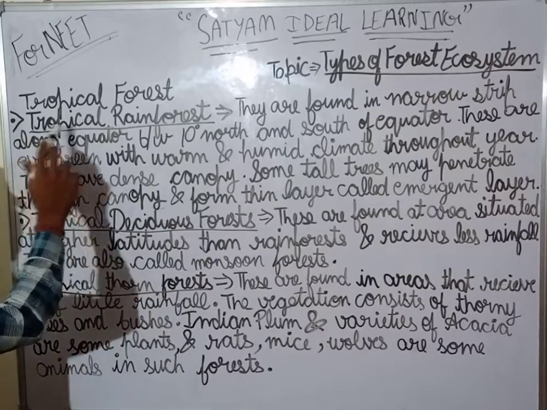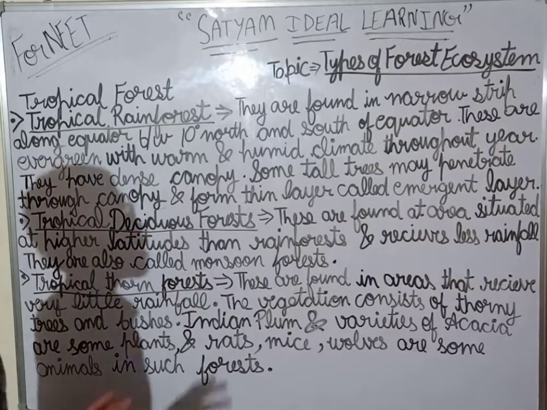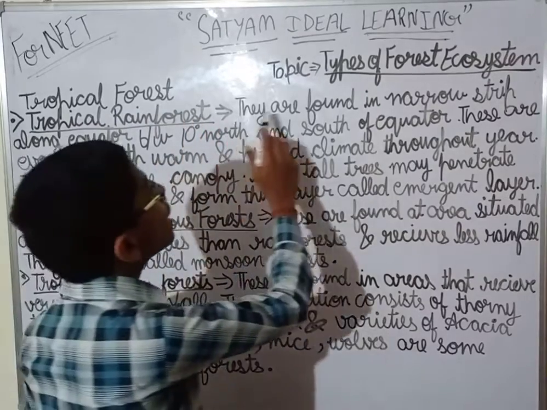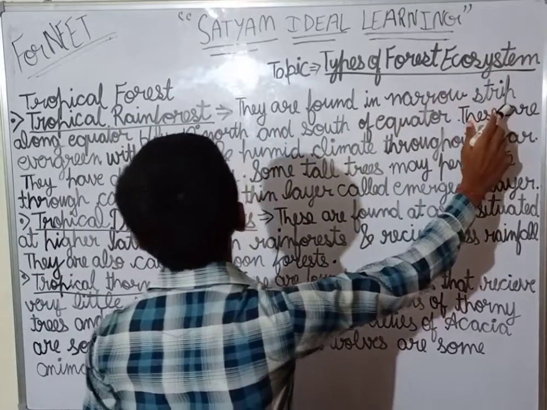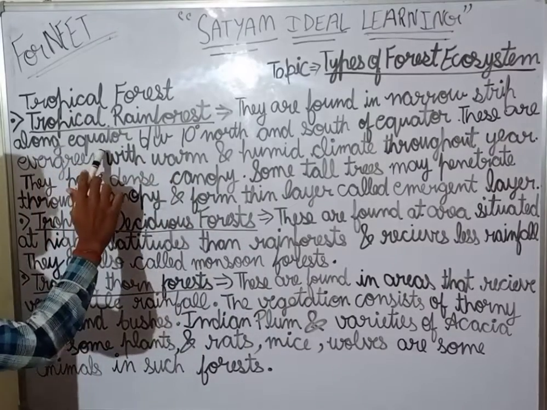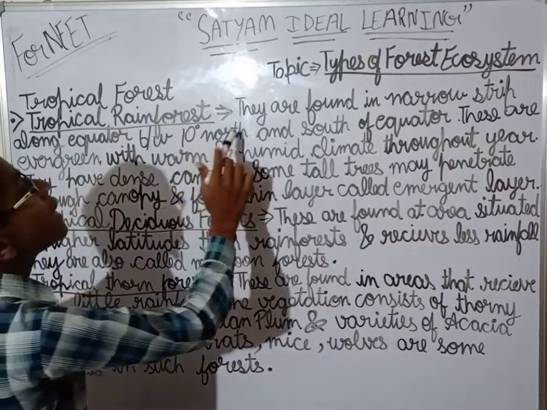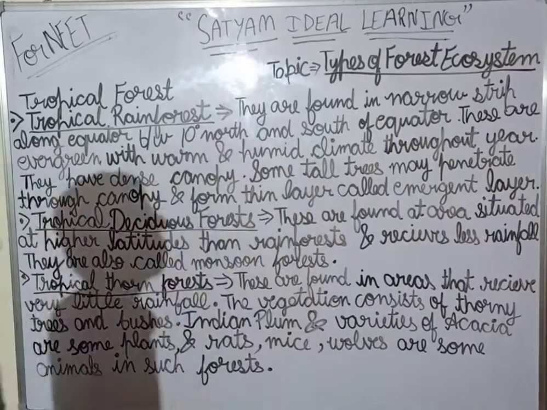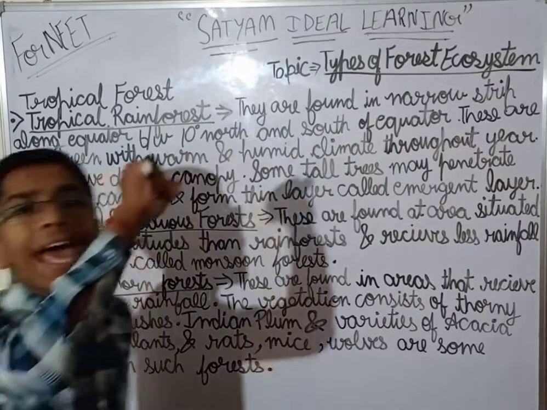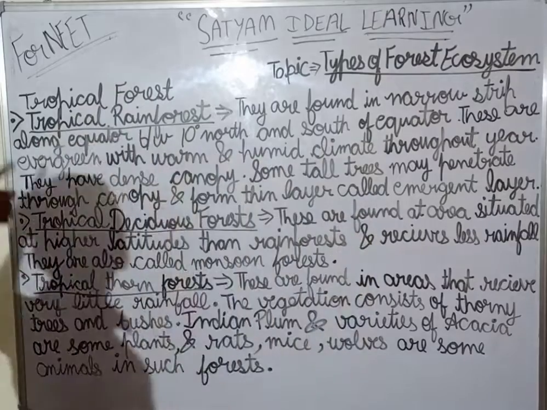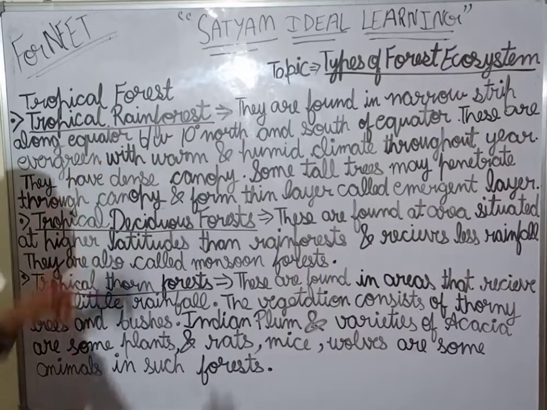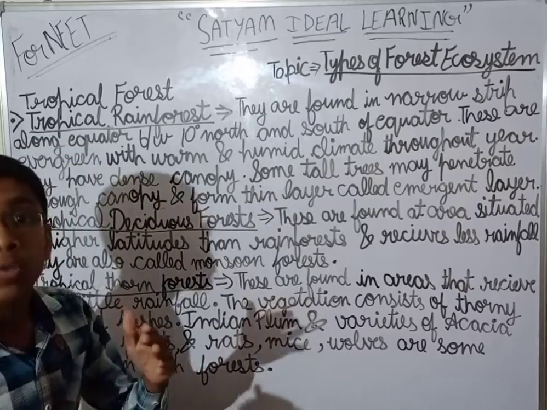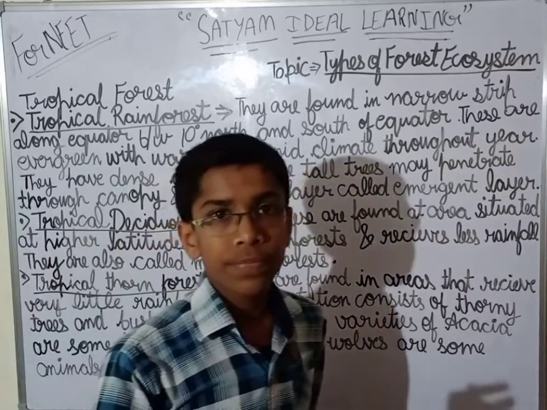Now tropical rainforest. Now what are these tropical rainforests? They are found in a very narrow strip along the equator between 10 degree north and 10 degree south of the equator.